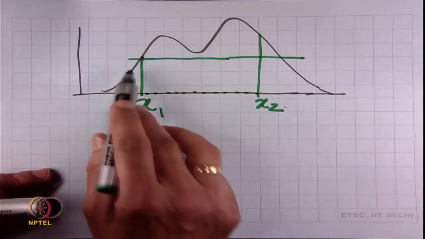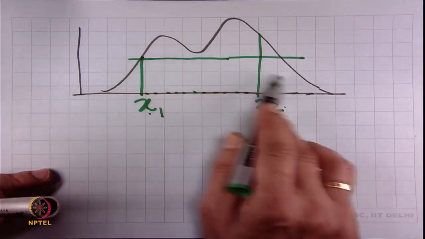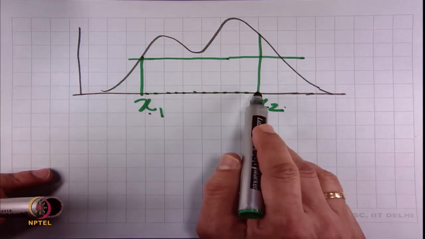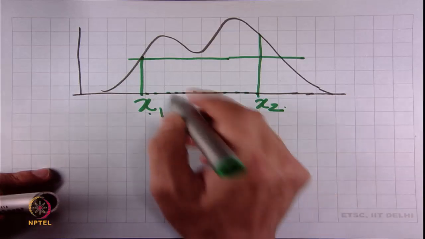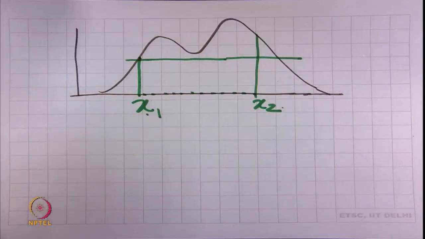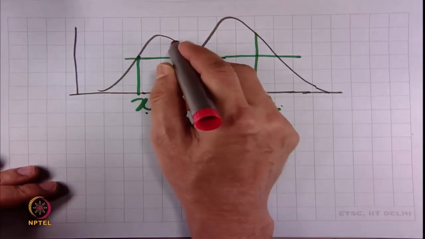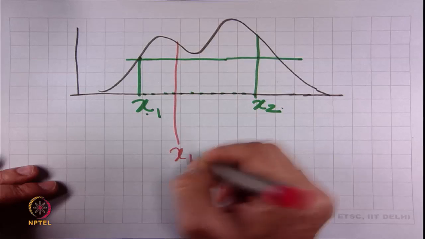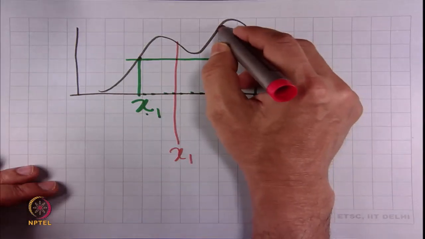Therefore, it can hold for some of the x 1 x 2 lying on the line, but suppose I consider this x 1 and this x 2.